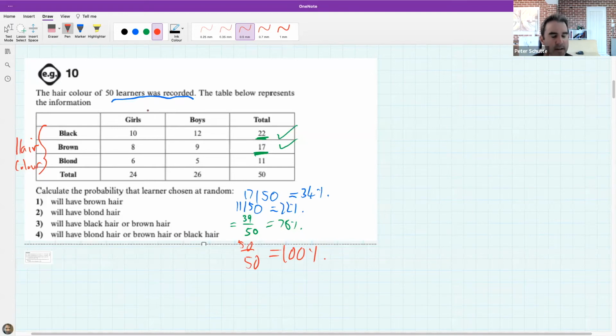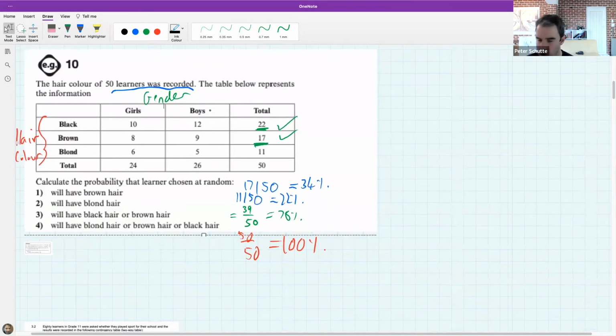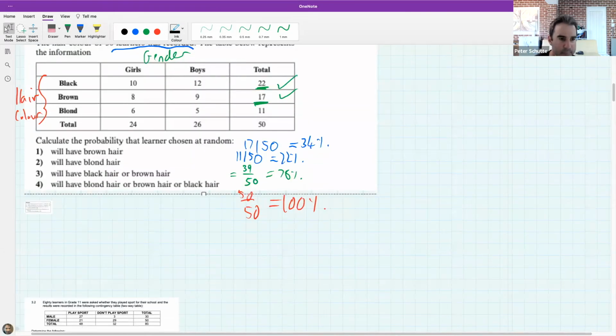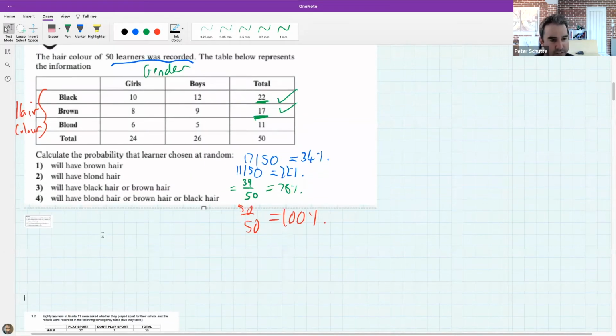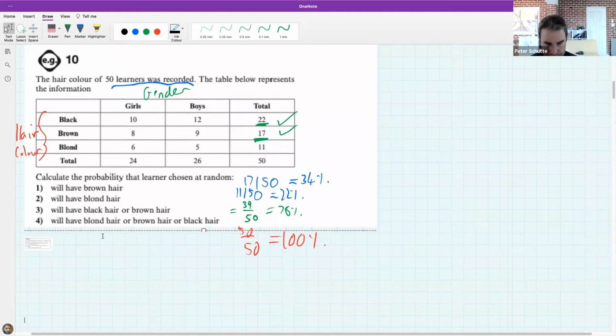And over here, we have gender. Now I'm going to show you how to work out whether or not hair color is independent of gender. And all you need to do is the following.